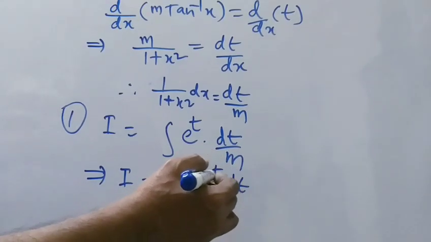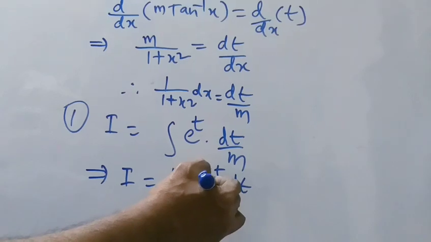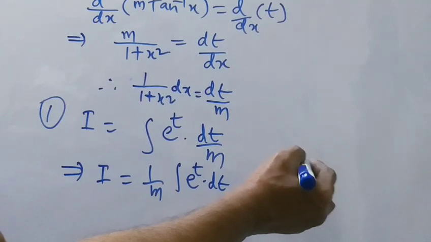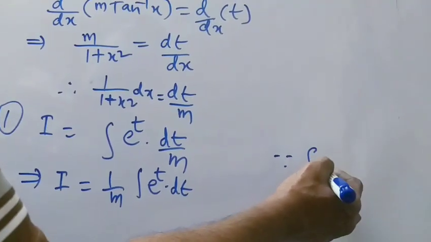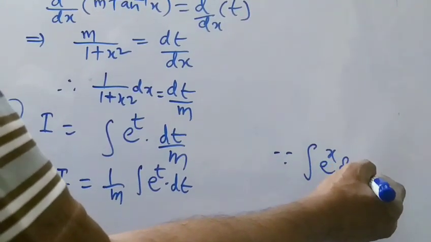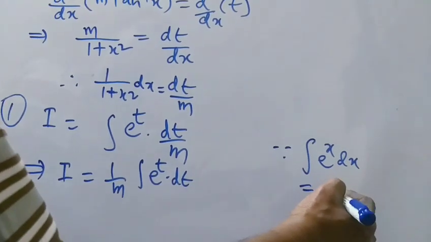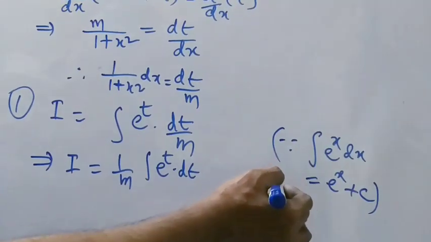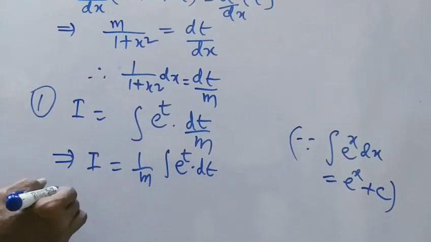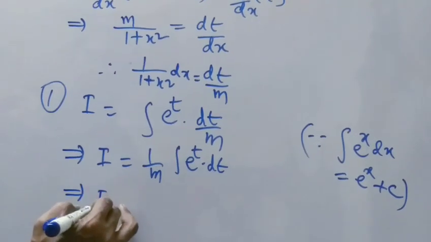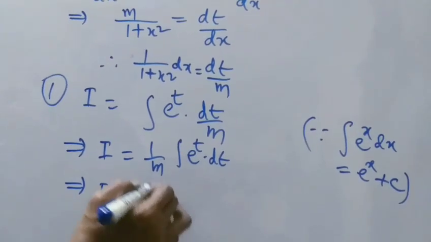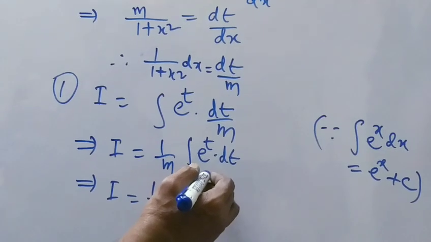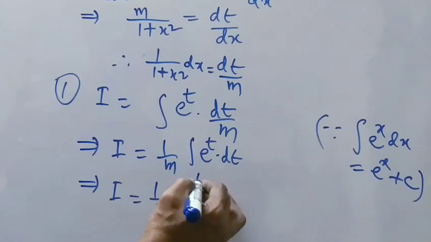Since we know that the integral of e to the power of x dx is equal to e to the power of x plus c, based on this formula, I is equal to 1 by m into e to the power of t plus c.